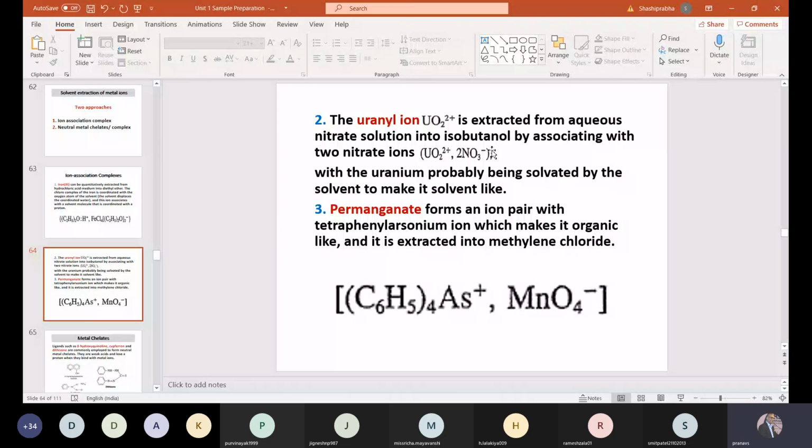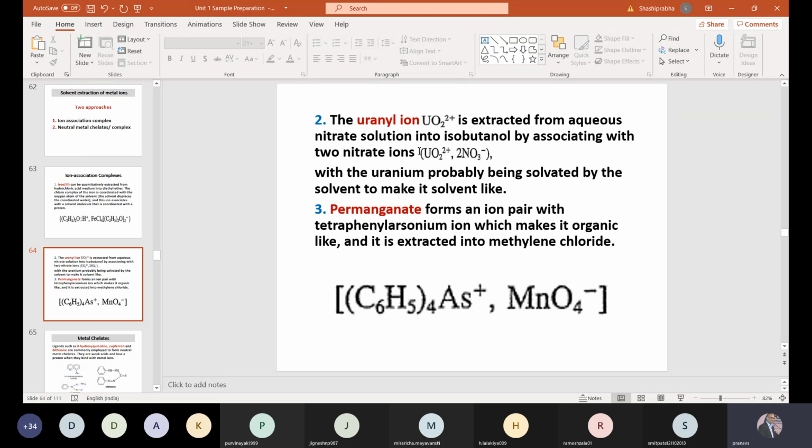What happens is two nitrate ions get associated with this uranyl ion, and this whole species gets extensively solvated by isobutanol, and thereby, first of all, the charge is neutralized, and secondly, it is surrounded by isobutanol.